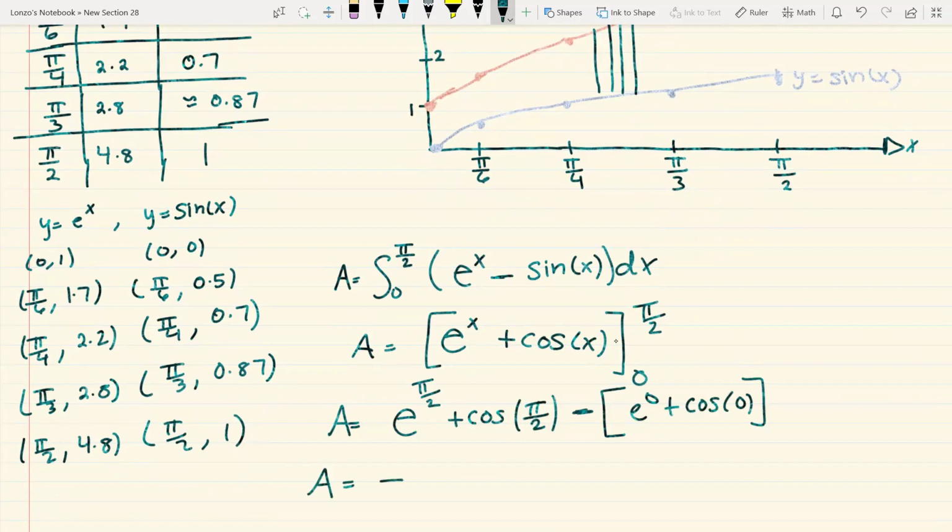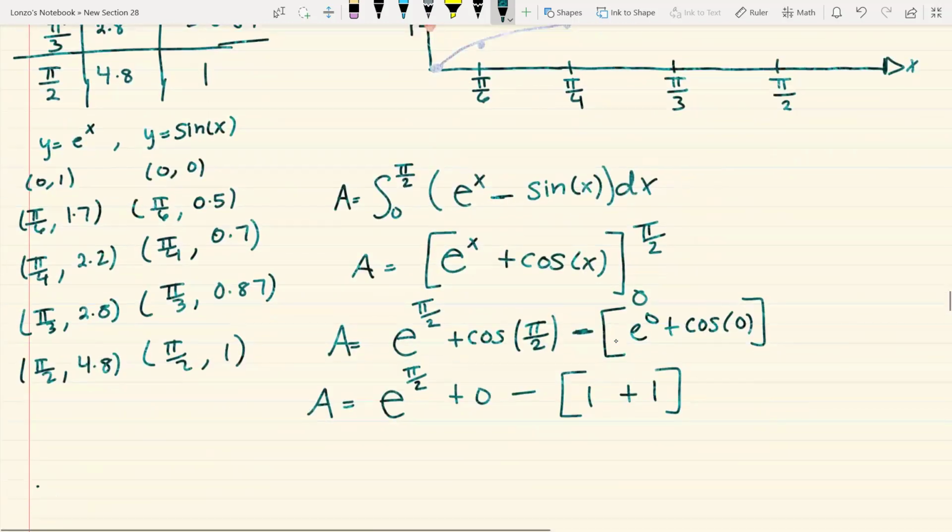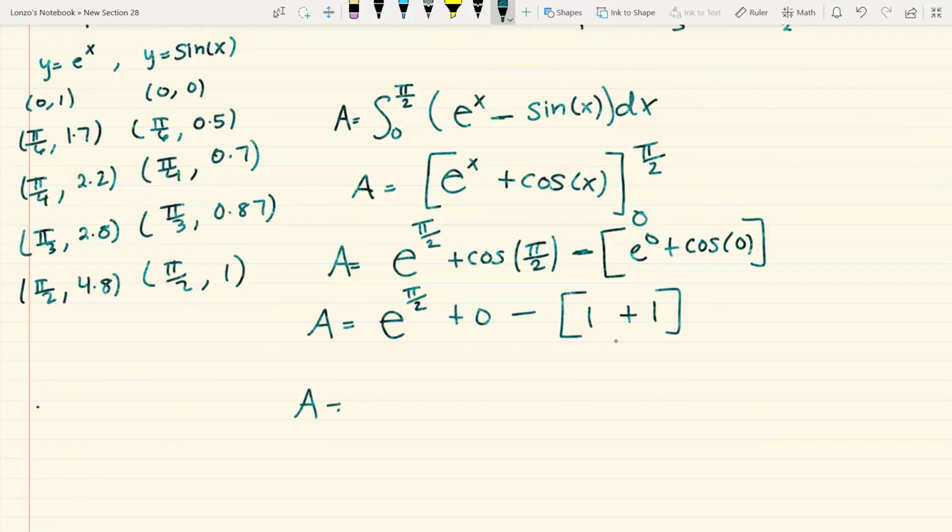So this is e to the pi halves. Cosine of pi halves is 0, minus e to the 0 is 1. Cosine of 0 is 1. That's e to the pi halves minus bracket 1 plus 1 is 2.